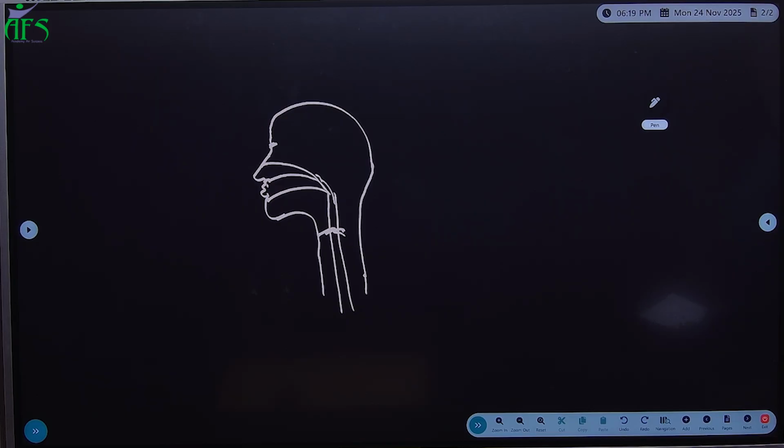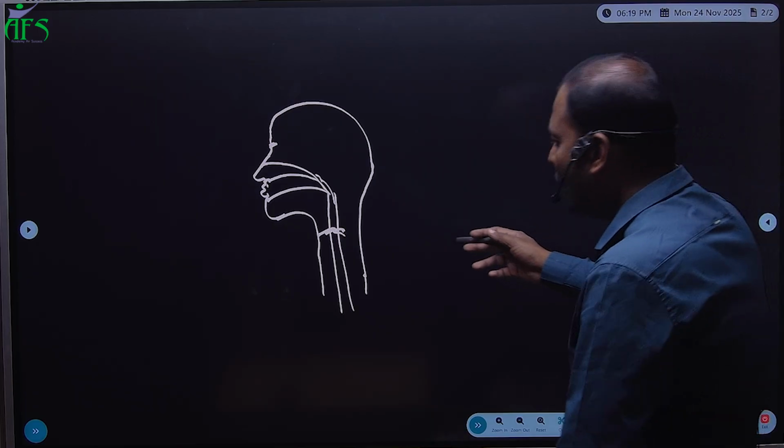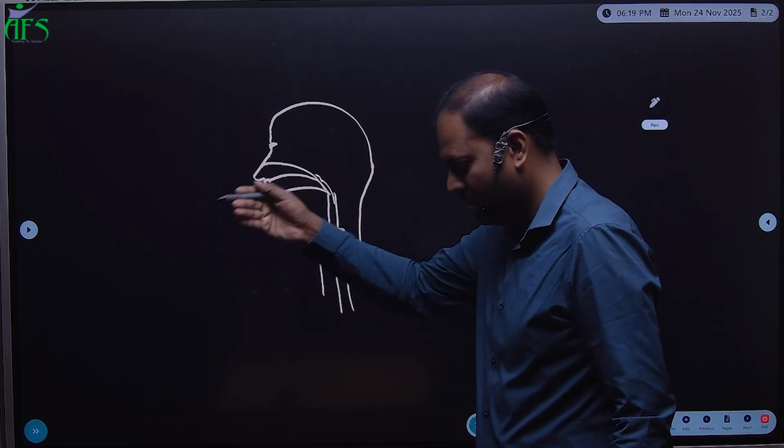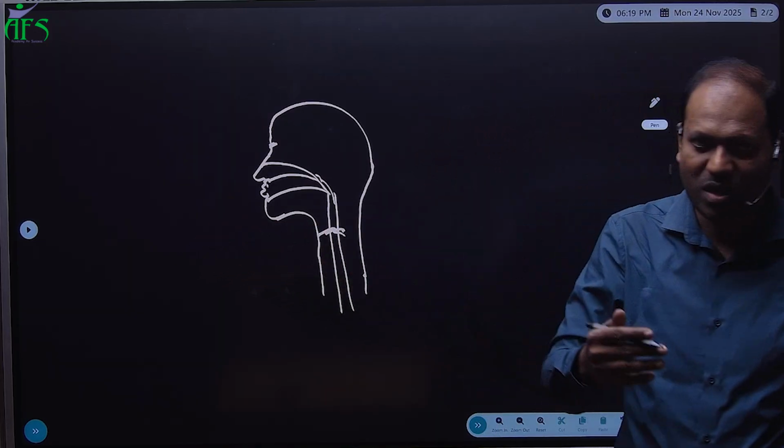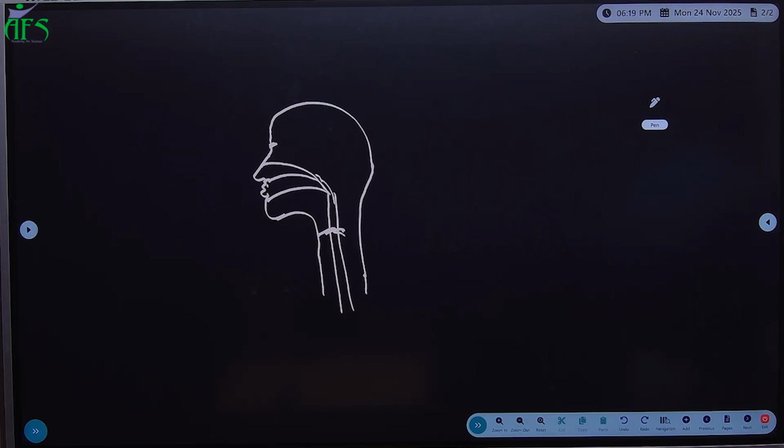The movement of air through the trachea. Trachea means this windpipe. The movement through the windpipe, which is connected to the lungs, aids in production of speech sound.